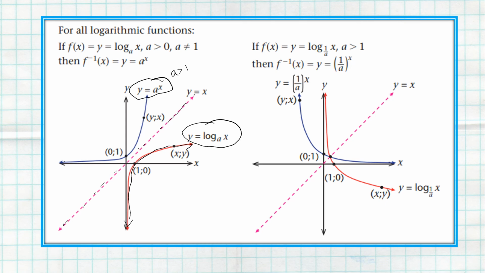If they require you to sketch the inverse, you just take the points of the original function and swap them. Once you swap them, it gives you that kind of shape, and that's the logarithmic function. Let's go to the second one. For a decreasing exponential function, y equals 1 over a exponent x, its shape is like this.